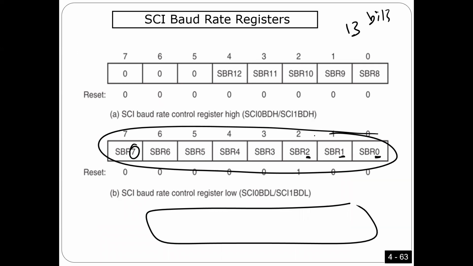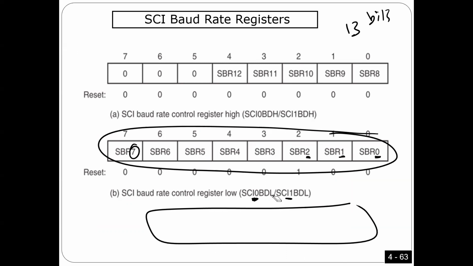This register is called SCI, as you see here, SCI 1 BDL. This is the name of the register. We have 1 and we have 0, because this one is for SCI 0 and this one is for SCI 1. You will see that for every register we're going to have two of them: one for SCI 0, one for SCI 1.